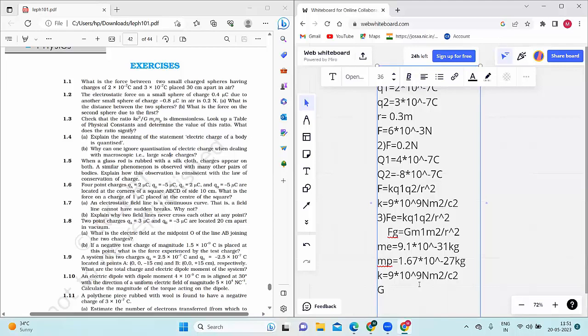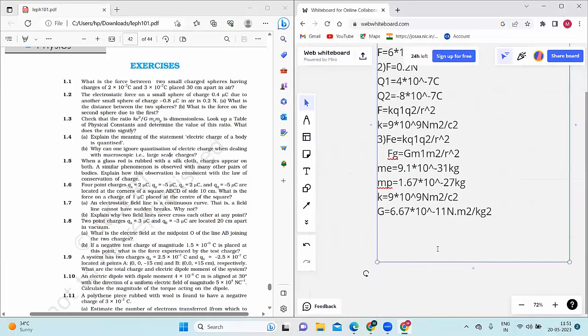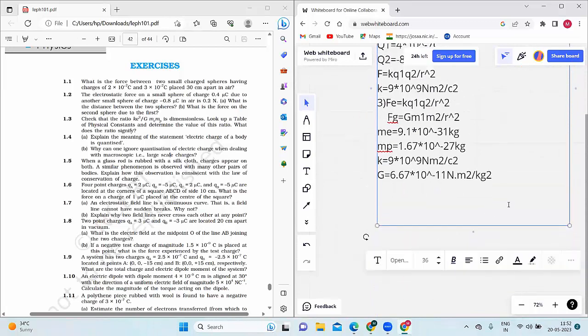And the value of G, the universal gravitational constant, is 6.67 into 10 power minus 11 Newton meter square per kg square.